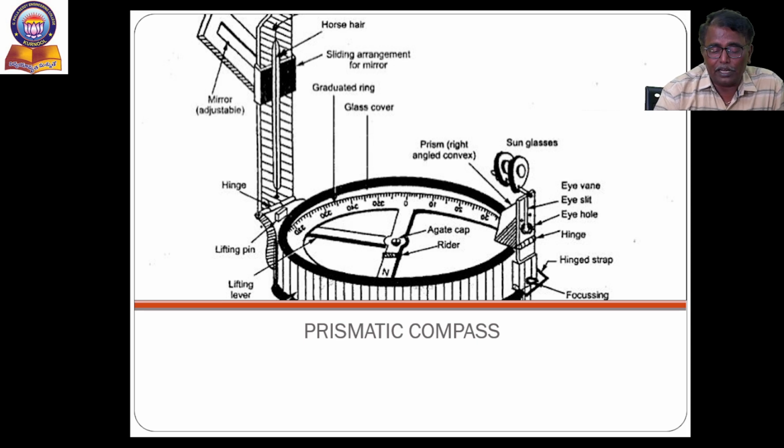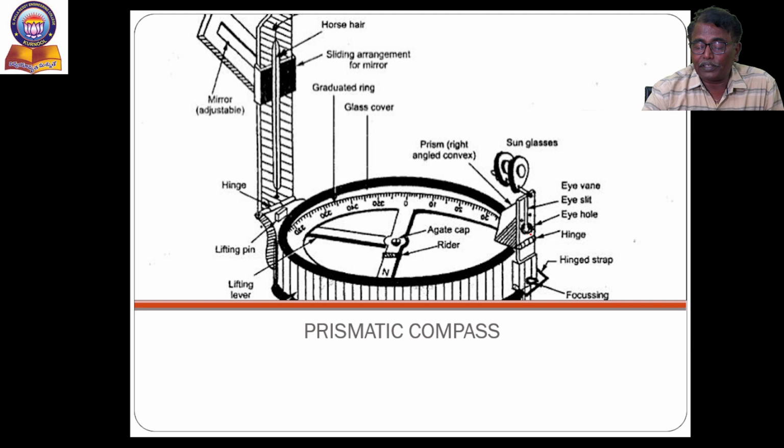And on the other end, an object vane is provided. Here, in the object vane, a horsehair is provided, and an adjustable mirror is provided, and this entire setup is hinged at the bottom. The prism will also be hinged at the other location.